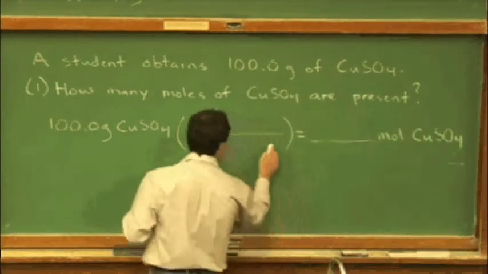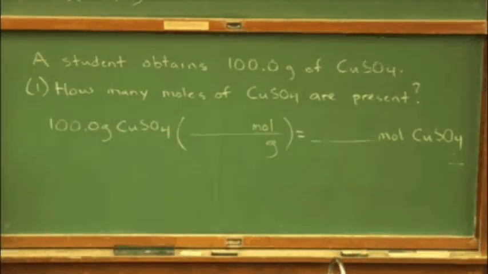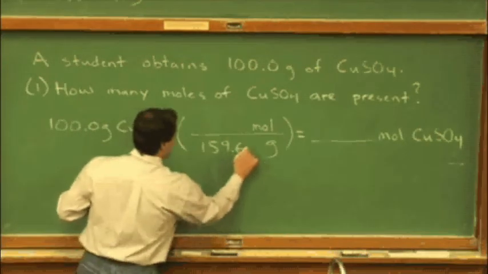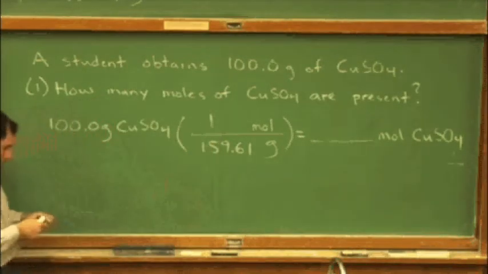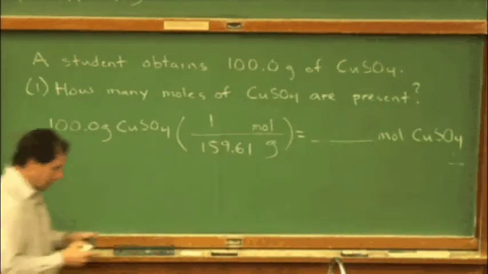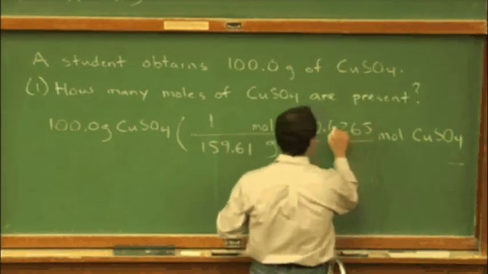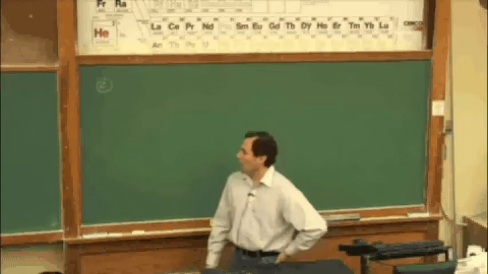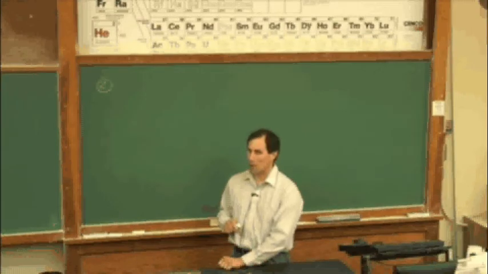Well, I need grams on the bottom, moles to appear, so I'll put moles on top. 159.61 grams of material is 1 mole. Do the division here. And I calculate this to be 0.6265 moles of copper sulfate to 4 significant figures. A moment ago we just calculated how many moles of copper sulfate are in the 100 gram sample.